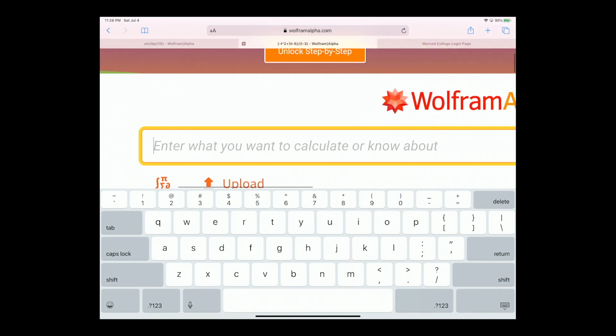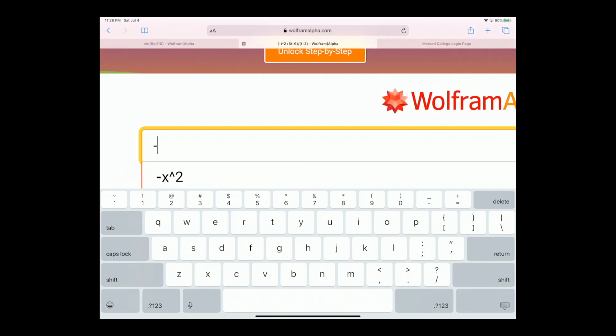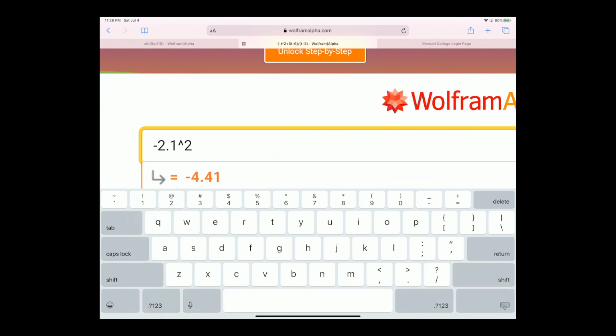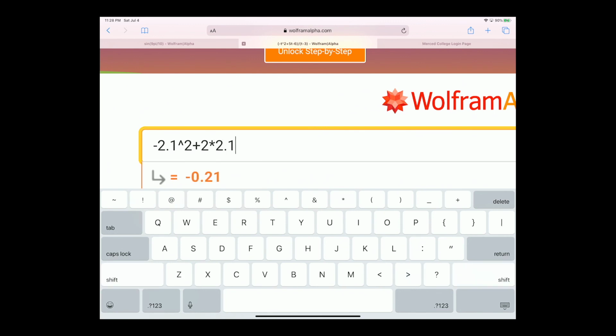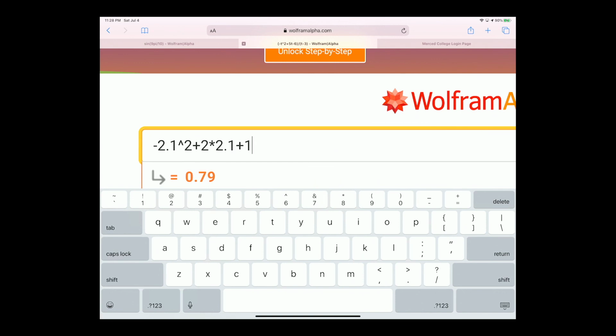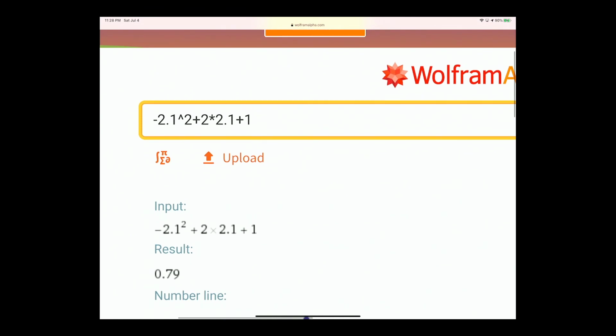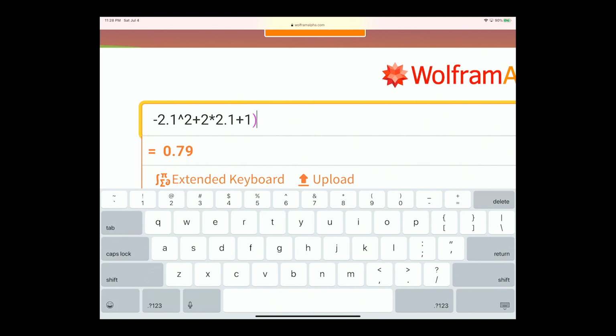Move this over. What do we have? We have negative 2.1 squared plus 2 times 2.1 plus 1. 0.79. Okay. Let's just do the whole thing here.